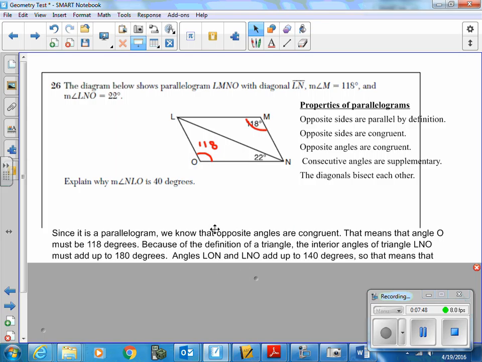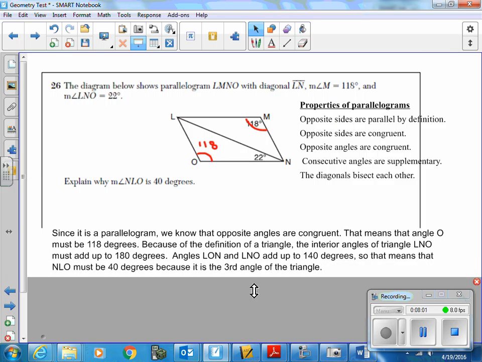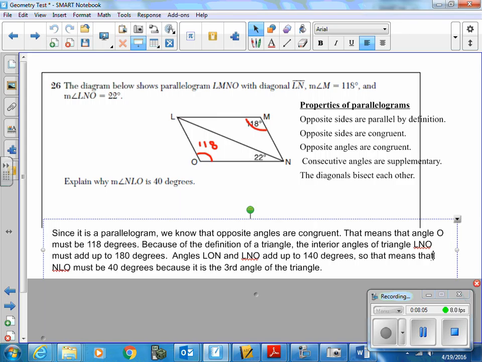So angles LON, which is 118, and LNO, which is 22, add up to 140 degrees. So that angle, NLO, must be 40 degrees because it is the third angle of the triangle.